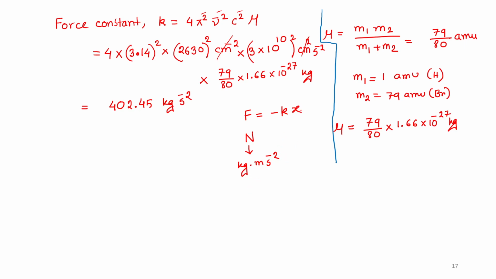And x is meter, so meter and meter will cancel. So the unit of force constant is going to be kilogram second minus 2. So we are correct. I am erasing this. I was just cross checking, and this is a good way to check whether the units are correct or not. So the force constant is obtained.